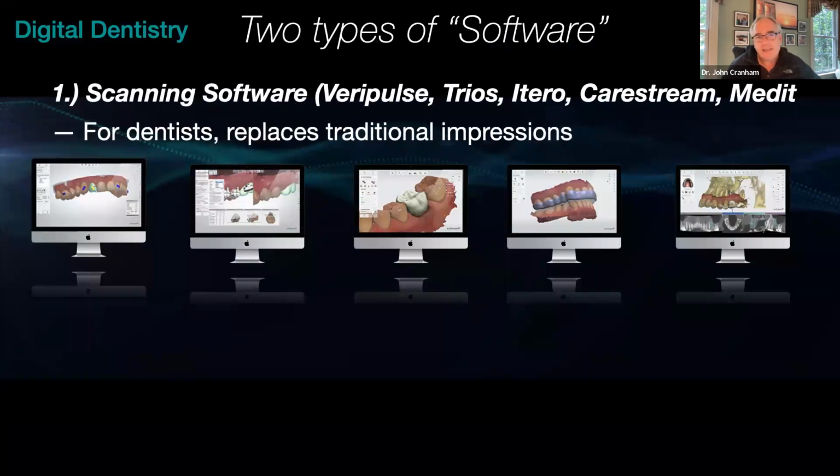Whatever kind of scanner you get, whether it's the Virtuo Vivo, the Trios, the iTero, the Carestream, or the Medit, the software that comes with the scanner is pretty much 100% related to gathering the data, and maybe a mechanism or two for you to be able to show things to patients, like the first point of contact or the concept of a health scan where you can compare one to the other. But pretty much that is what that does. It's just about gathering the data.